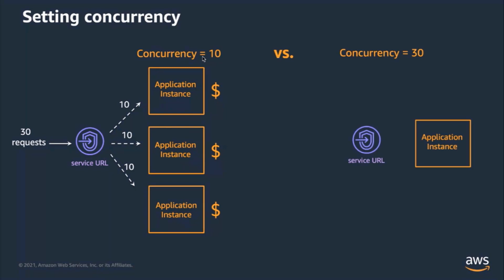Versus if you set your service concurrency to be 30, we really only need 1 copy of your application to handle the 30 concurrent request load, and you're only paying for the CPU and memory of a single application instance. So you really want to do some homework to figure out that sweet spot for your concurrency, where it really is the maximum load that your application can handle at a given point in time reliably without falling over.